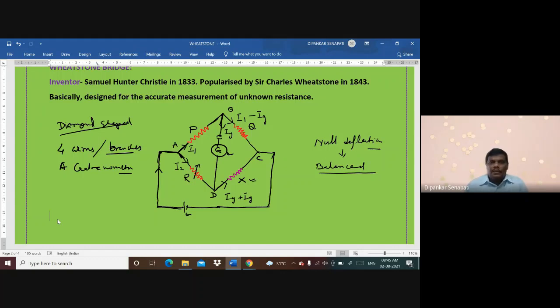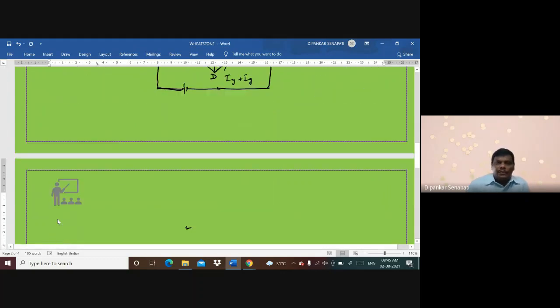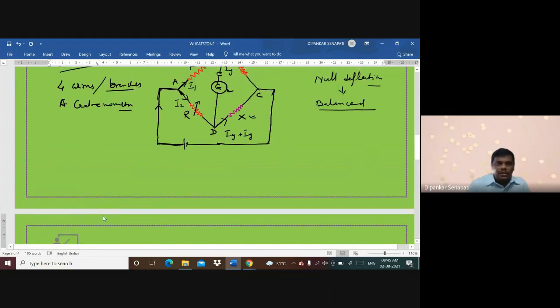Now, if we want to apply Kirchhoff's rule, we will discuss this using Kirchhoff's law.